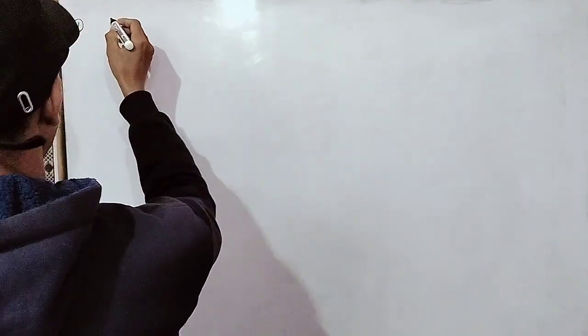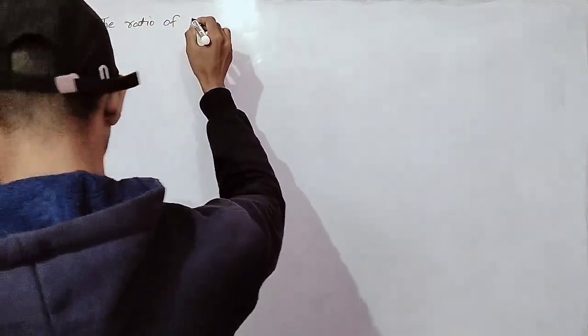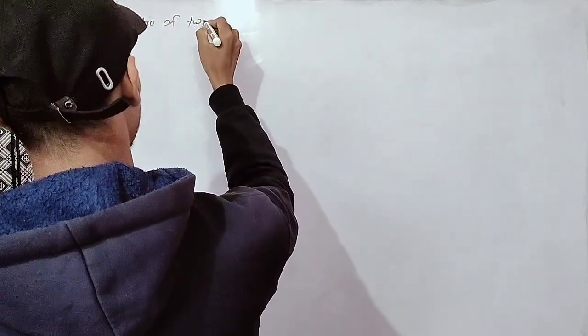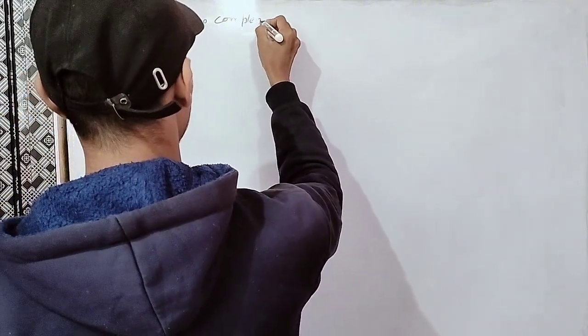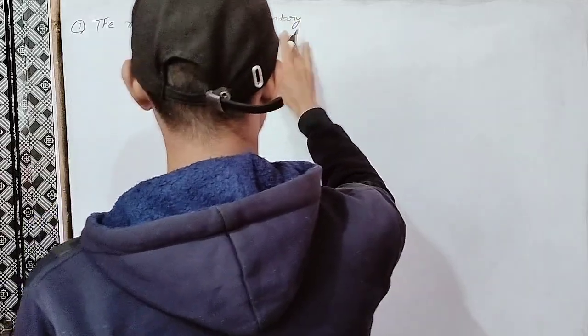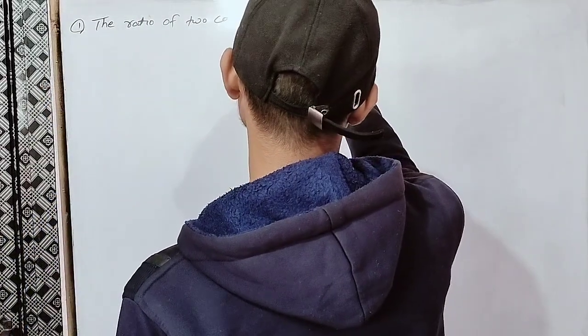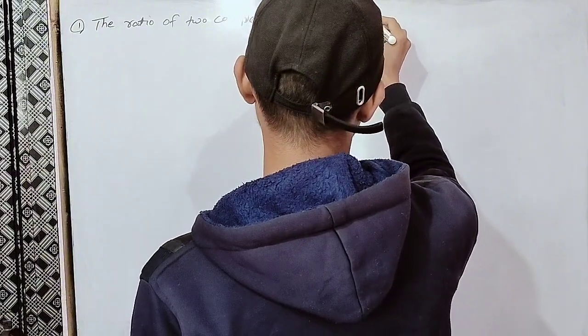I am writing the question. The ratio of two complementary angles is 2:3.